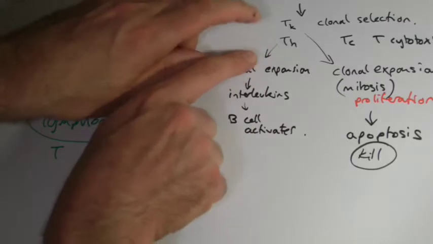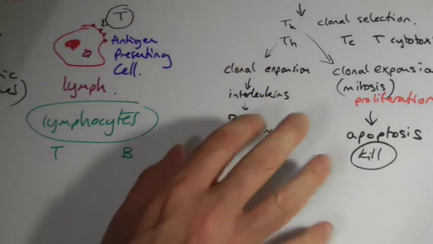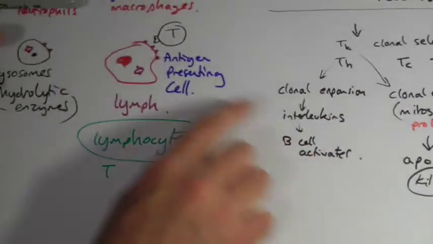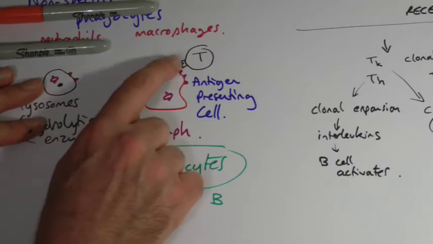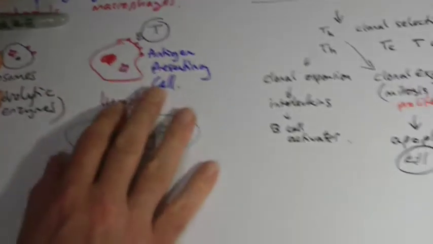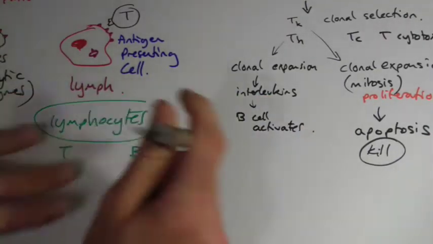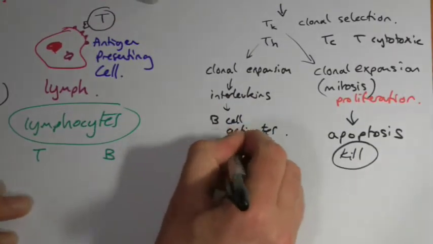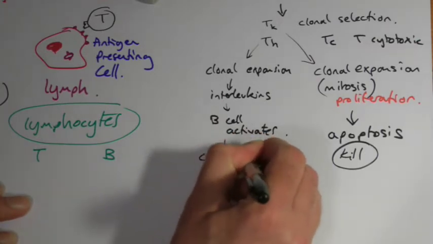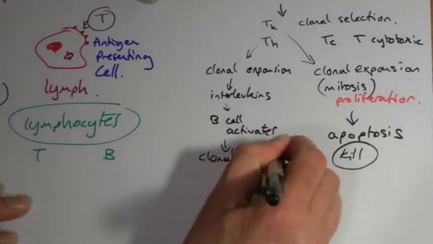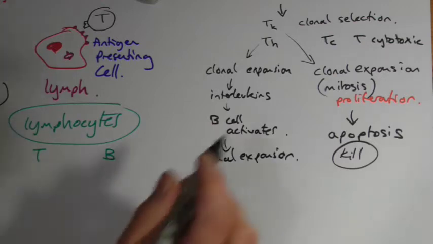T helper cells release interleukins, which switches on these B cells that also would have a complementary site exactly the same shape as this. We get the clonal expansion again, except this time we're getting a clonal expansion of the correct B cells.